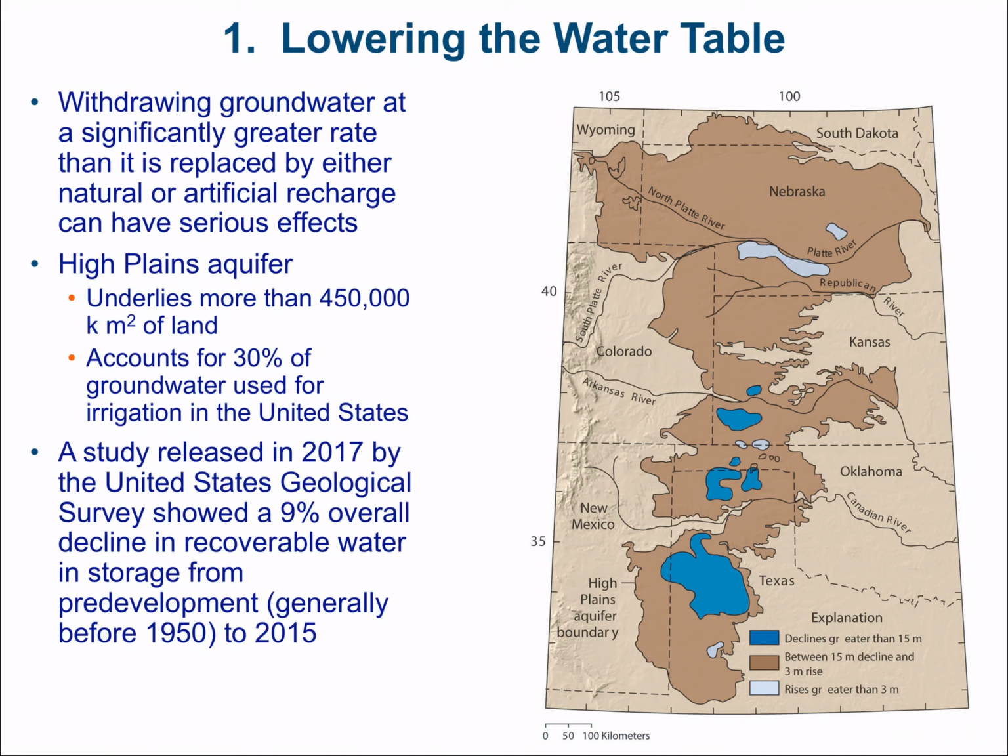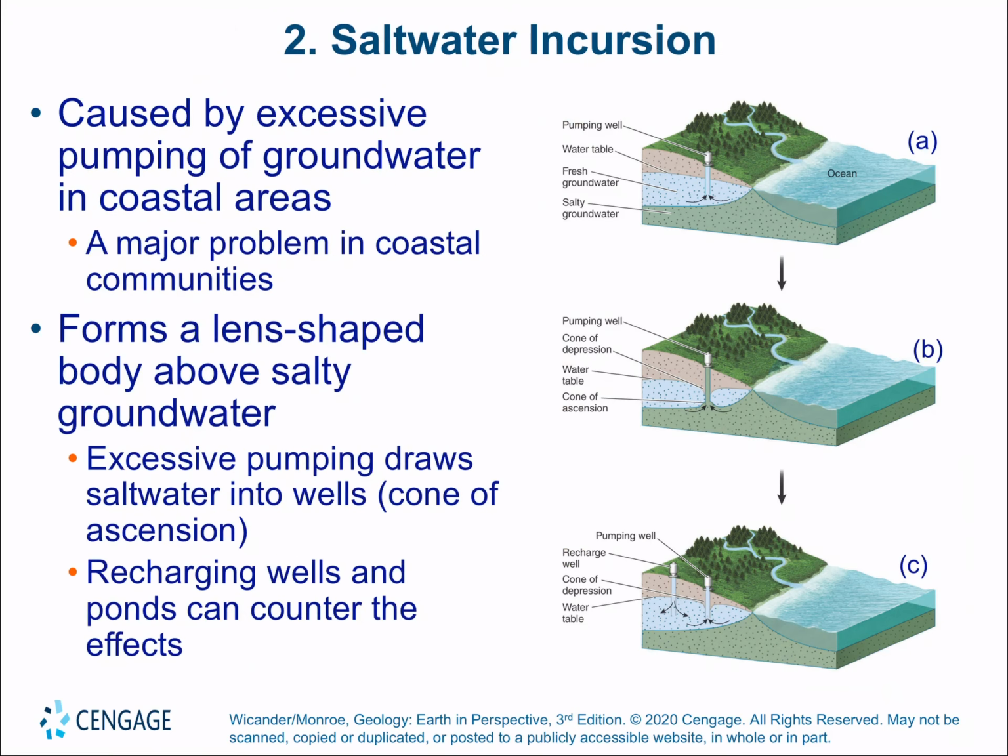The dark blue indicates a decline greater than 15 meters. The brown is between a 15 meter decline and a 3 meter rise, and then the light blue is a rise greater than 3 meters. So it's something to be conscious of. We don't want our water table to get significantly lower.